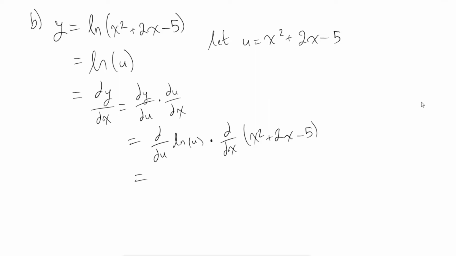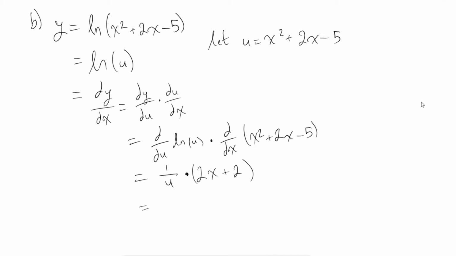The derivative of ln u is 1 over u. The derivative of x squared plus 2x minus 5 is 2x plus 2 minus 0. So put it all together.